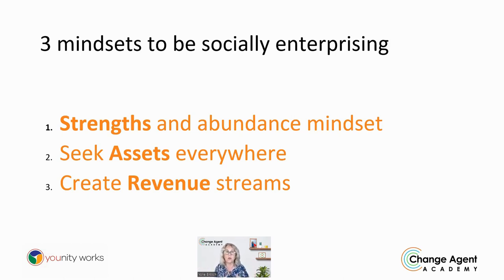And then second, you look at, with that abundance mindset, that there are assets everywhere. You're not working from a deficit model. You're looking from the opportunity of abundance. And a really good example in a lot of social enterprises is that they focus on the resources that are achieved from people's waste.